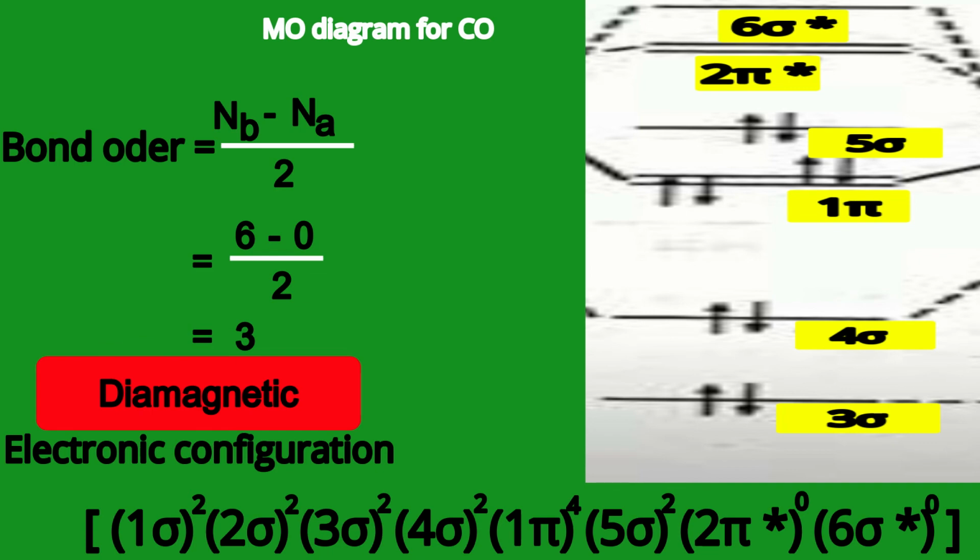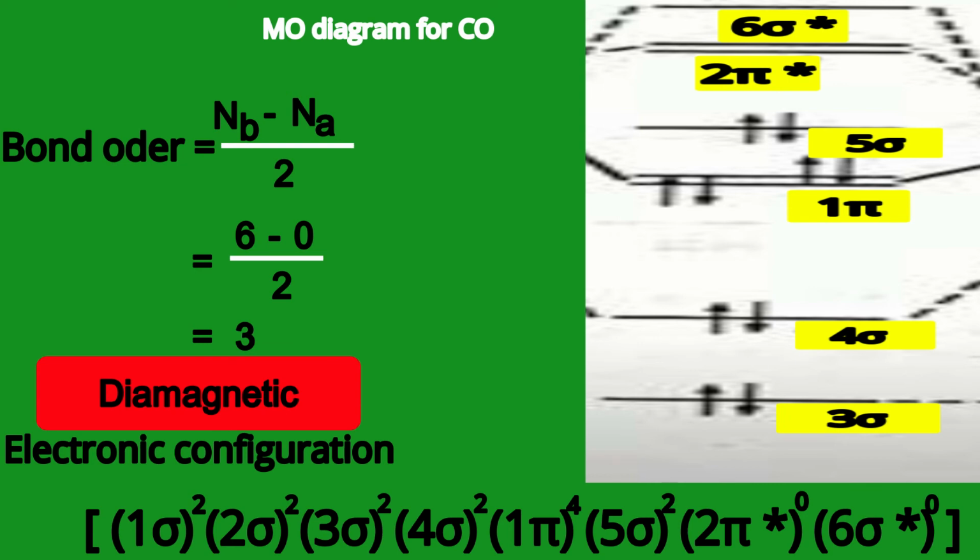Now let us know the importance of this diagram. 5 sigma orbital which has 2 electrons and it is a non-bonding orbital, means those 2 electrons work as a lone pair. Those are near to carbon. Those belong to carbon. Therefore, carbon can donate lone pair to metal ion because of those electrons.